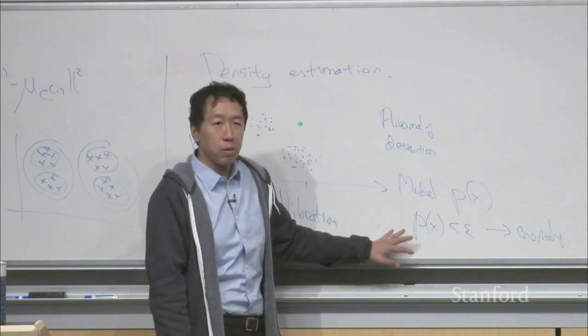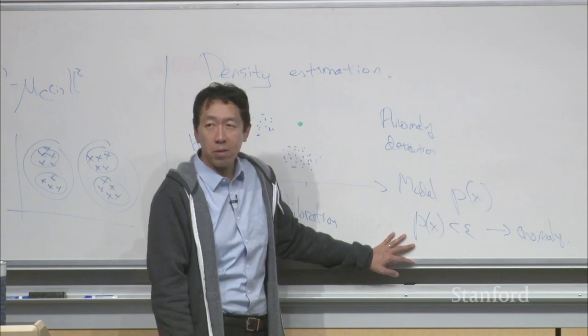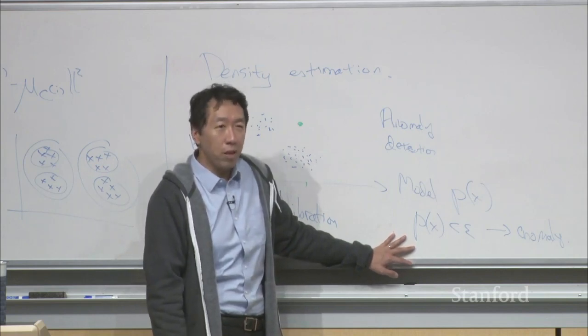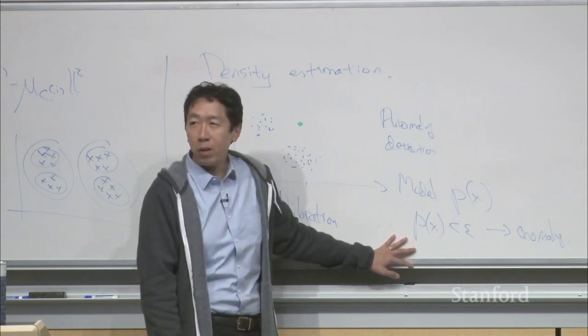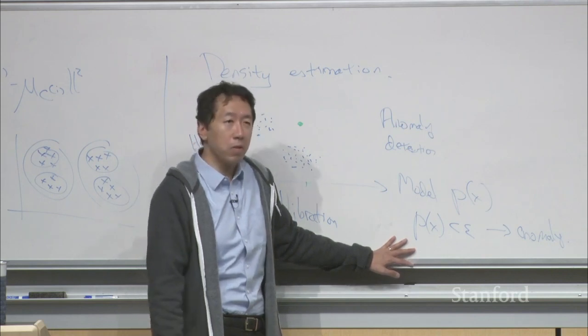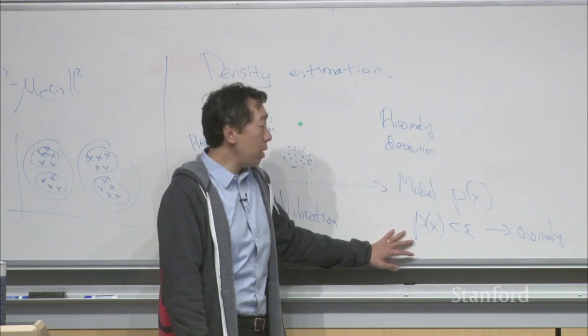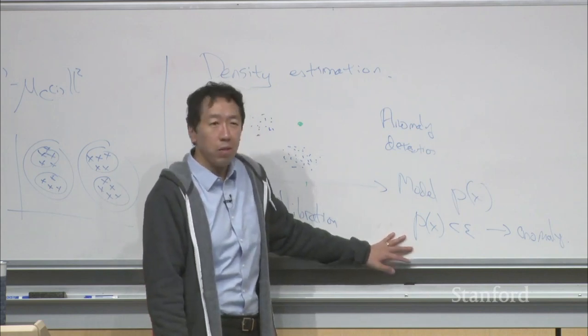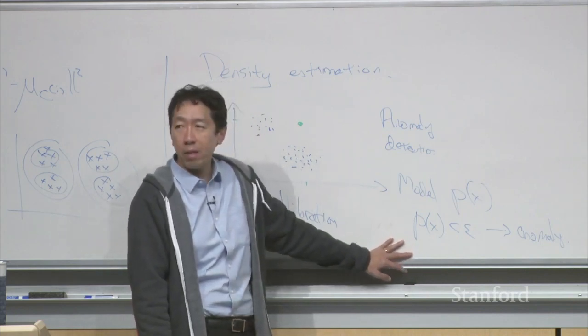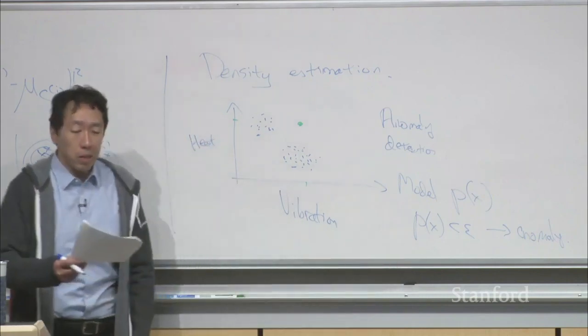It's also used for computer security. If a computer at Stanford starts sending out very strange network traffic that's very unusual relative to everything it has done before, then maybe IT staff should have a look to see if that particular computer has been hacked. So these are some of the applications of anomaly detection.